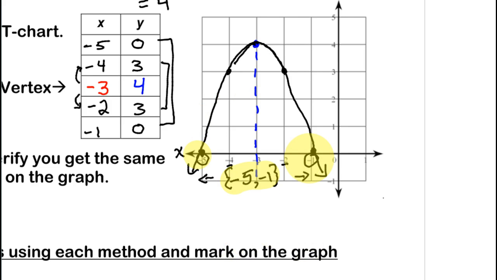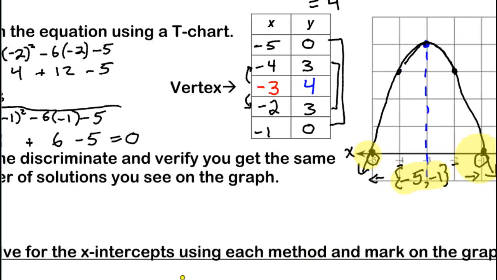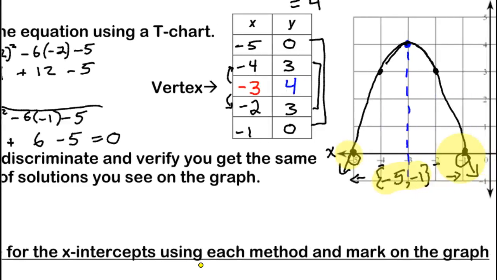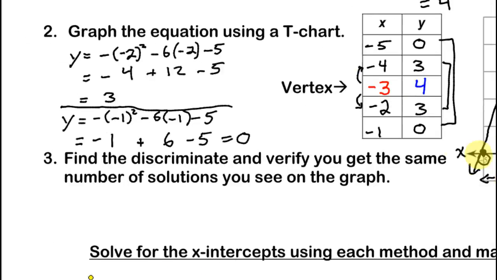Alright, good. So when we find the discriminant, number 3, how many solutions should we have? Okay, so what's the discriminant? Go back up to the upper right-hand corner. What is it? Write it down, just the formula.